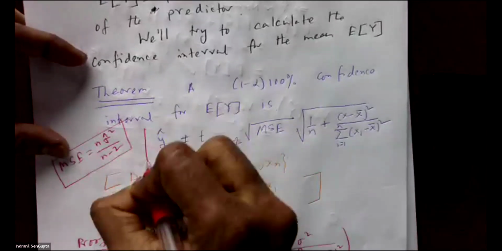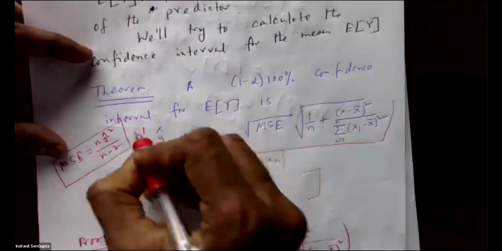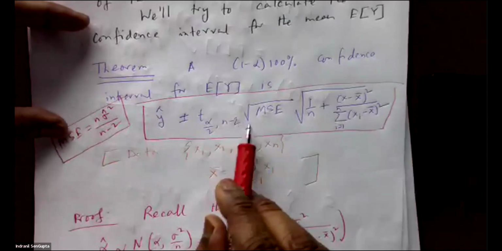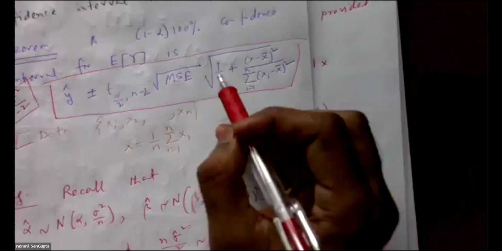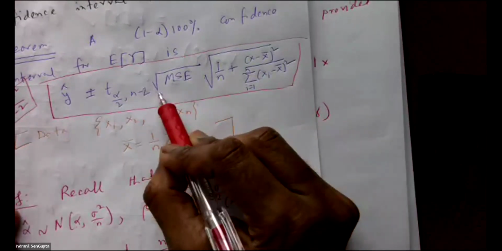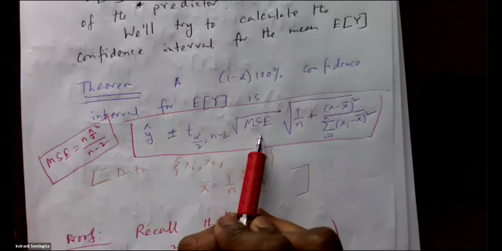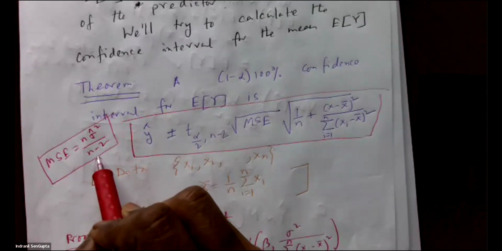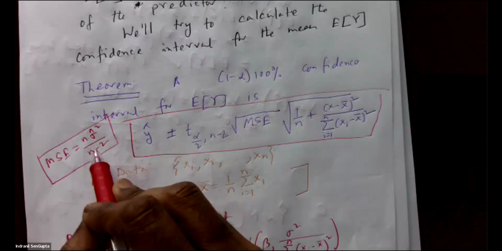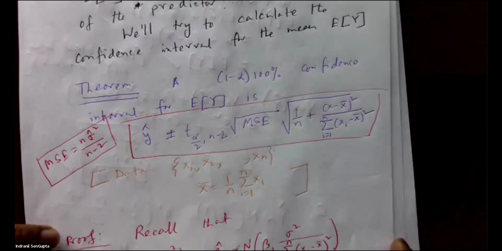Now the formula that we are going to use is this one. So this is my confidence interval. So what do we need? We need to compute, say, the MSE. How do we compute the MSE? It's basically n times sigma hat squared over n minus 2, right? So let's compute this.